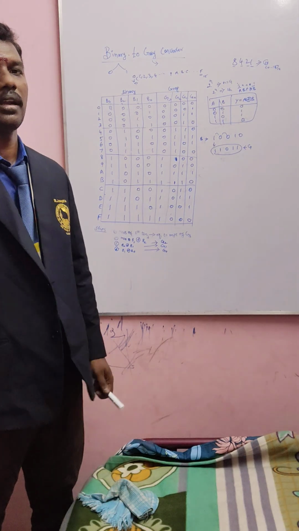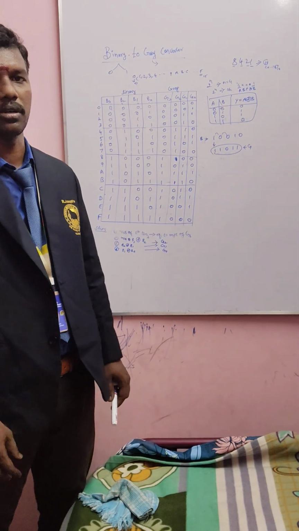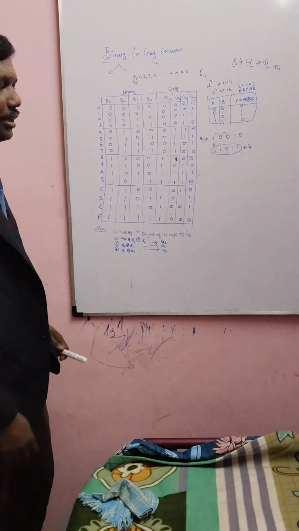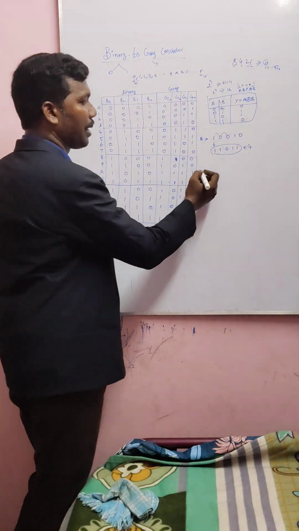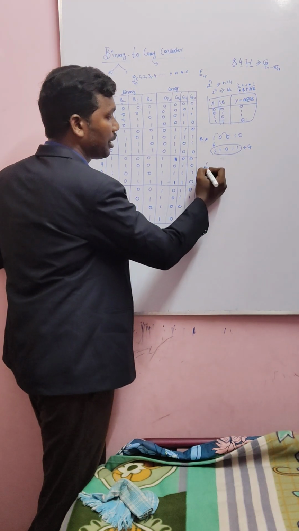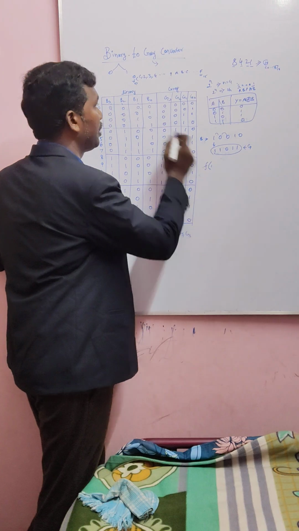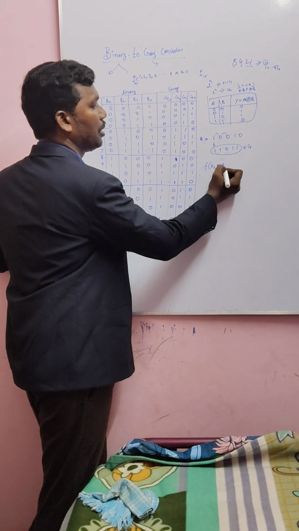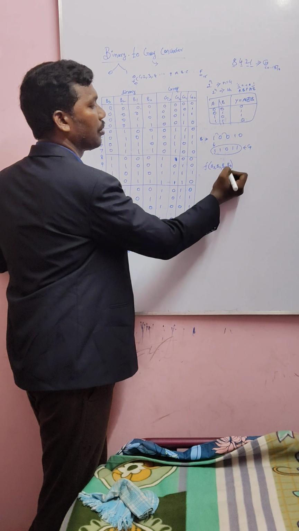Okay. Suppose they are asking to draw a circuit. Draw a circuit for the binary to gray. So how are you going to do it? The first step should be to take it as minterms, sum of product minterms. So totally how many inputs are there? Totally B3, B2, B1 and B0. Okay.